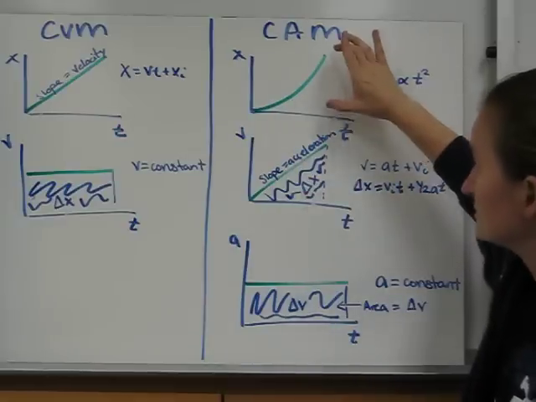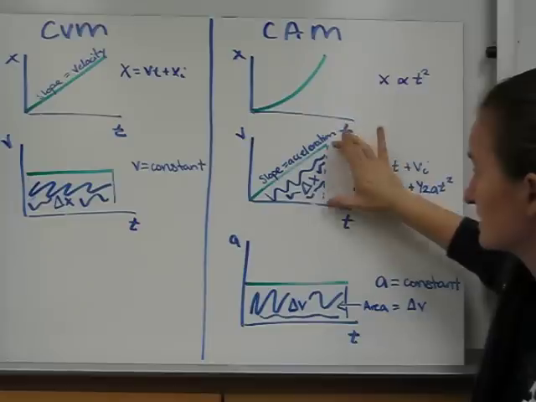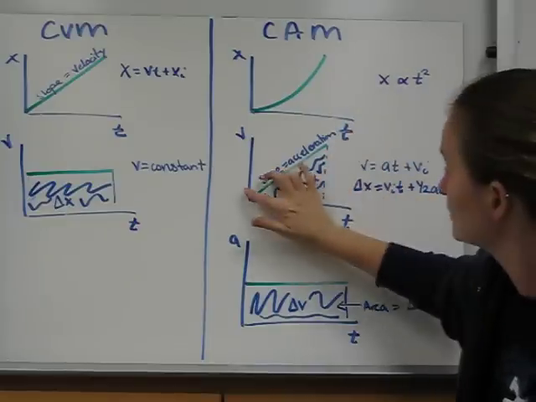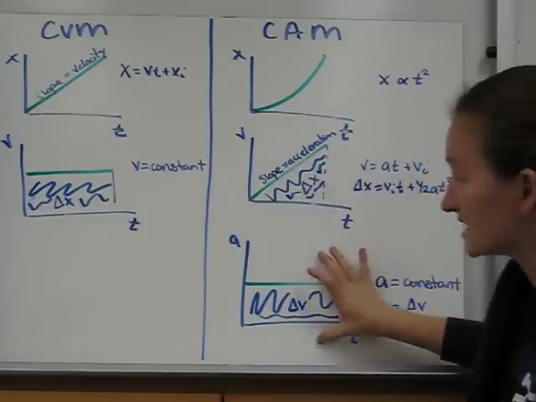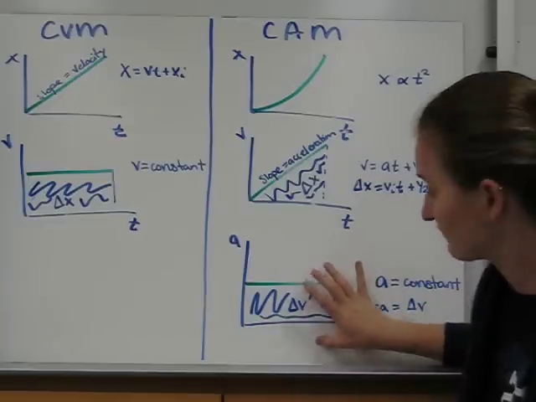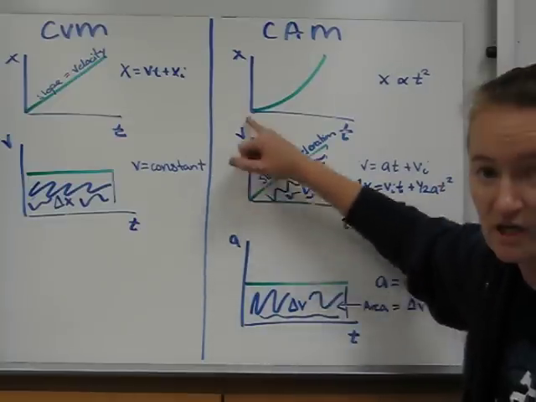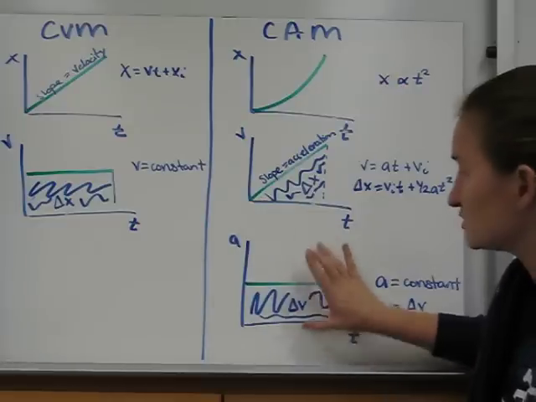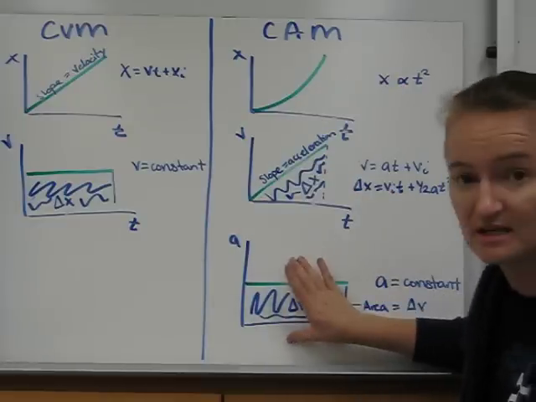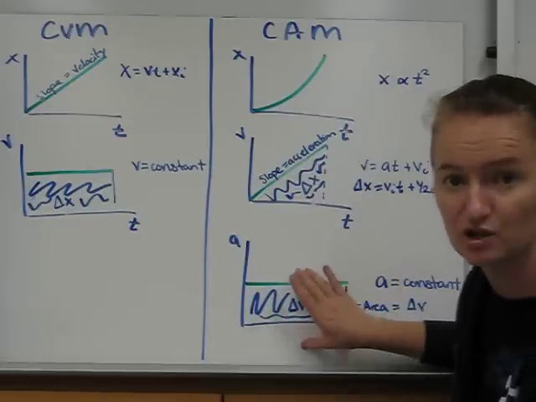As you go down, you take the slope of all the points, which gives you the v versus t graph. You take the slope of the line, and that gives you the a versus t graph. You take the area under the curve, and that gives you the total change in velocity. But again, you can't recreate this graph from this unless you know the initial velocity.